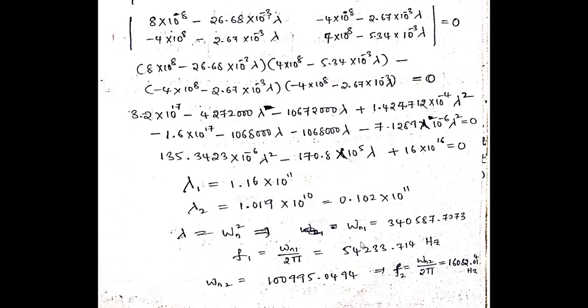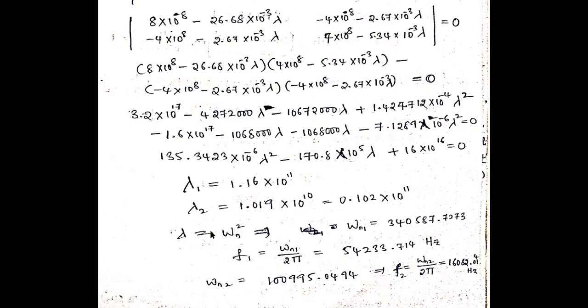Similarly, at lambda 1, it is possible to find the cycles per second, called F1. That is equal to the natural frequency divided by 2 times pi, which gives 54283.714 Hz. This is the cycles per second. So at lambda 1, we can find the natural frequency as well as F1.